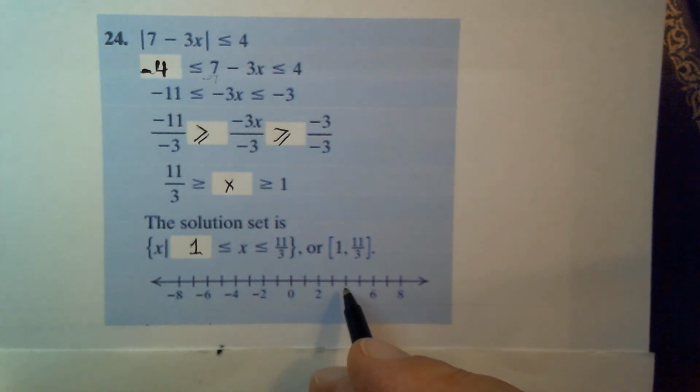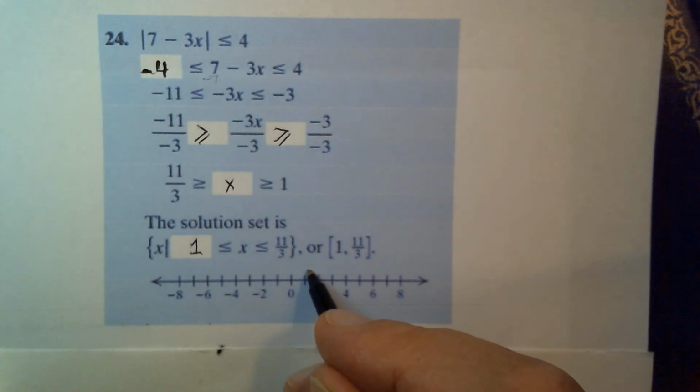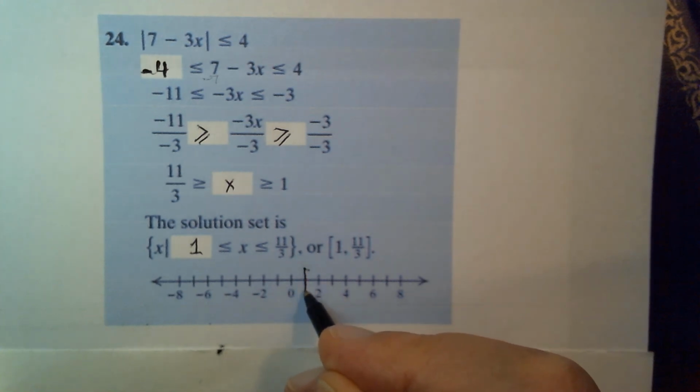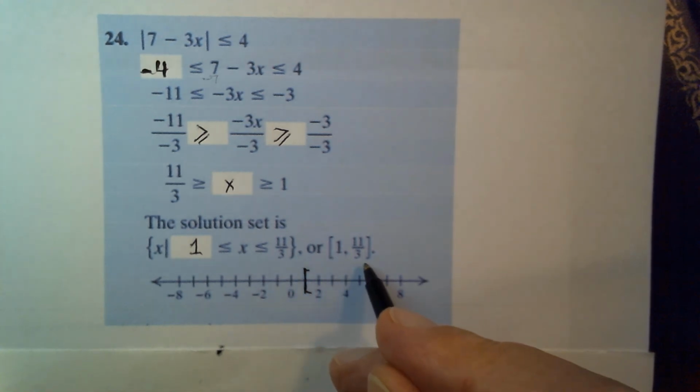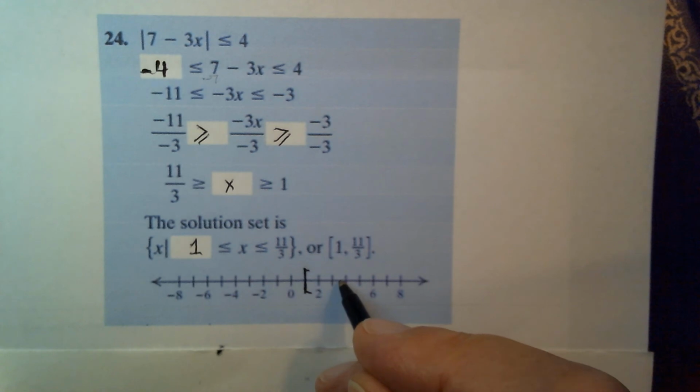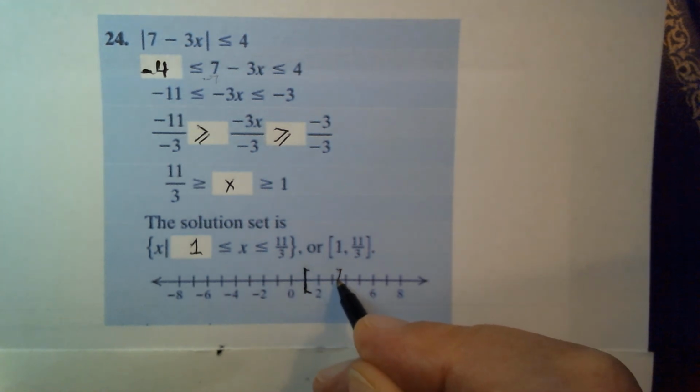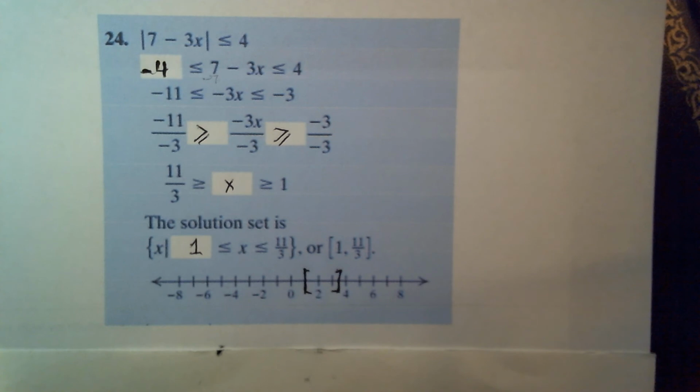And then on the graph, we would go from 1, there's a bracket there at 1, to 11 thirds, that's about 3 2/3, so it's almost 4, so 3 2/3 is about here. And there would be our solution then.